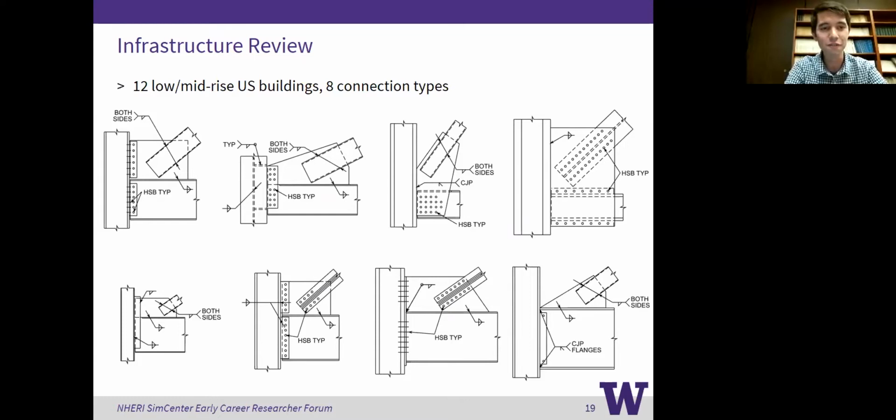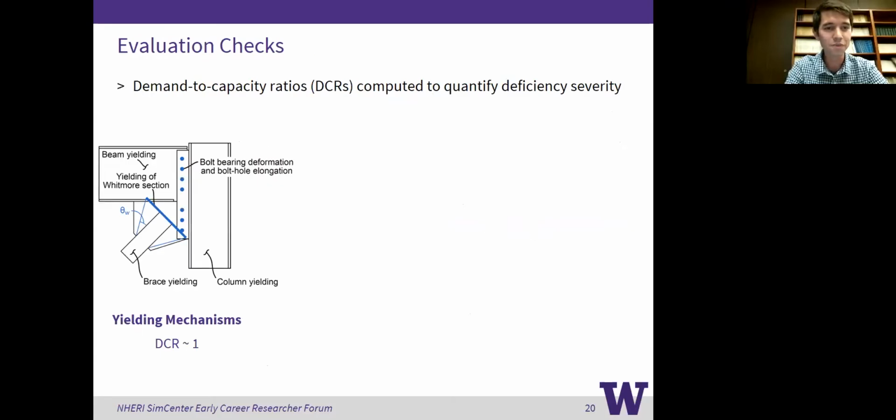But we tried to focus on a couple of the connections here that we think were more common. That was all done based on just what we had available. And when we check the connections, we want to look at the demand capacity ratios for the different limit states and geometric limits that we have.